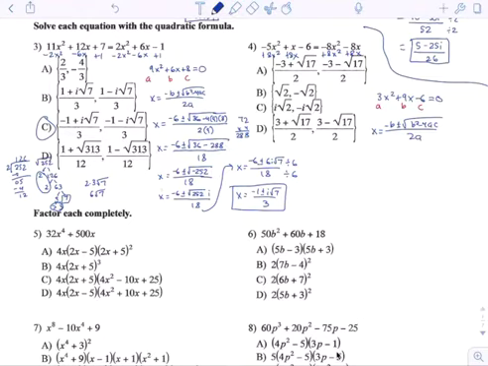Okay, so now substitute. x is going to equal negative 9 plus or minus our b squared is going to be 9 because 3 squared is 9, minus 4 times 3 times negative 6, all over 2 times 3. x is equal to negative 9 plus or minus 9, so 24. 4 times 3 is 12, and then times 6, that's going to give us 72. So plus 72 all over 6.